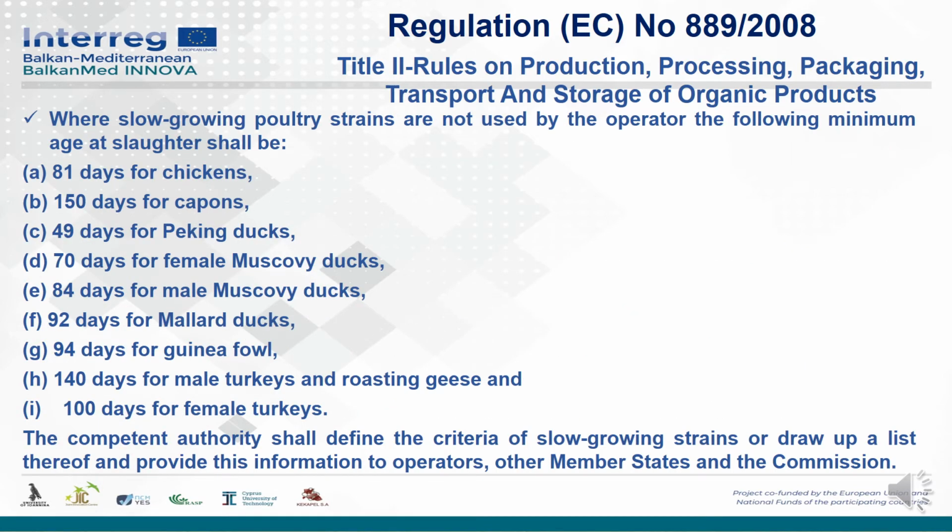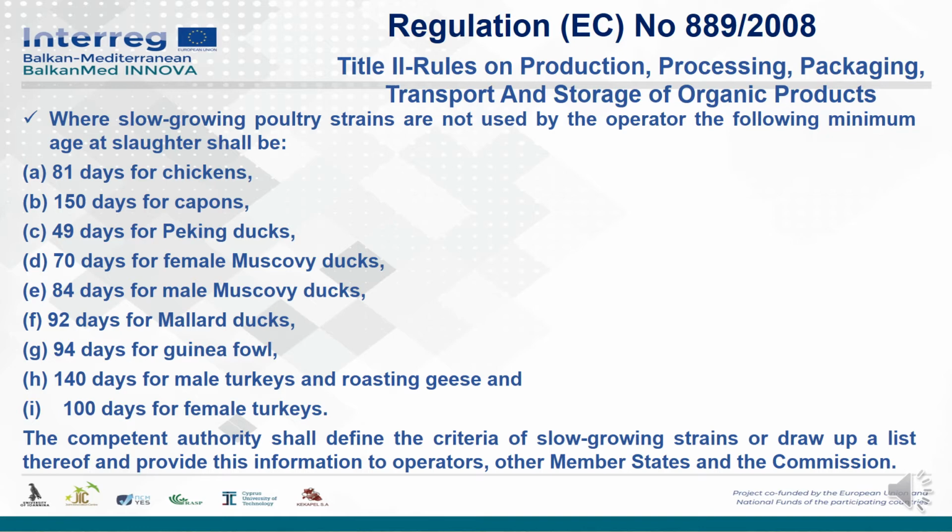Where slow-growing poultry strains are not used by the operator, the following minimum age at slaughter shall apply: 81 days for chickens, 150 days for capons, 49 days for Peking ducks, 70 days for female Muscovy ducks, 84 days for male Muscovy ducks, 92 days for Mallard ducks, 94 days for Guinea fowl, 140 days for male turkeys and roasting geese, and 100 days for female turkeys.